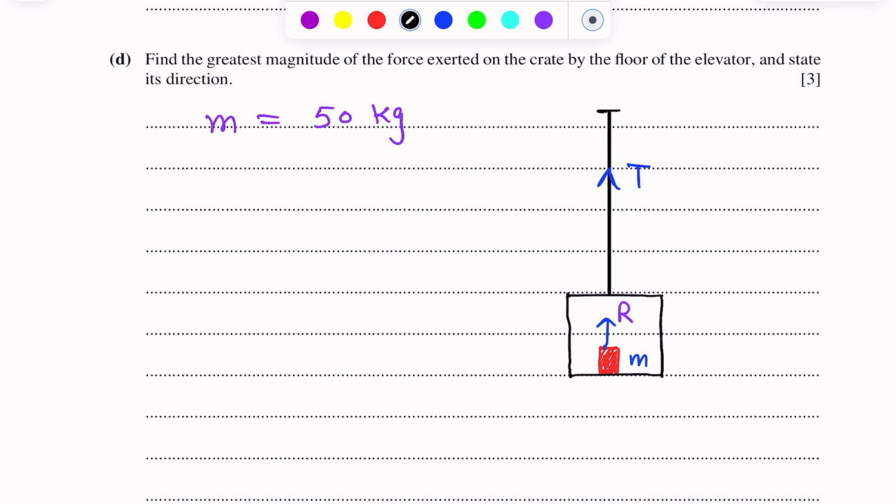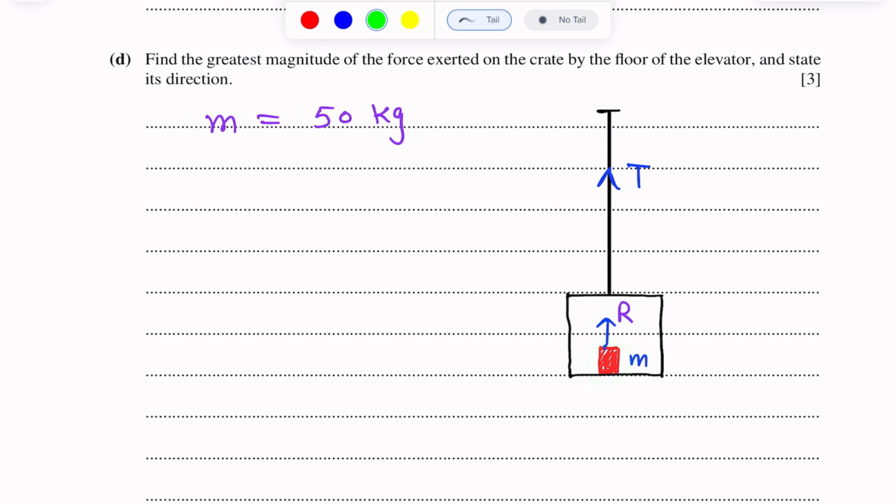Now again we are using Newton's second law of motion, F is equal to ma. Net force will be R minus mg. Weight is vertically downward.